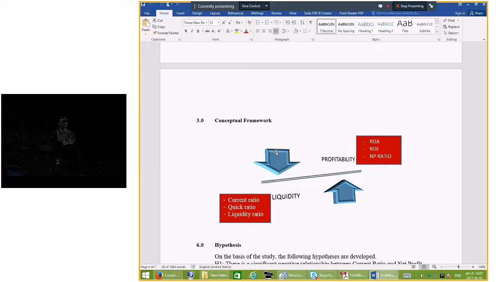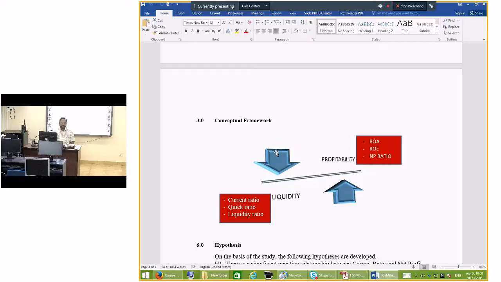These three are very common to the whole organization, but for a particular bank you can find a lot of variables available.